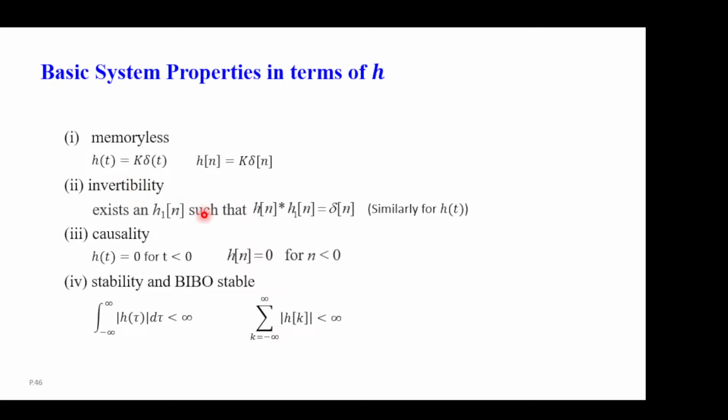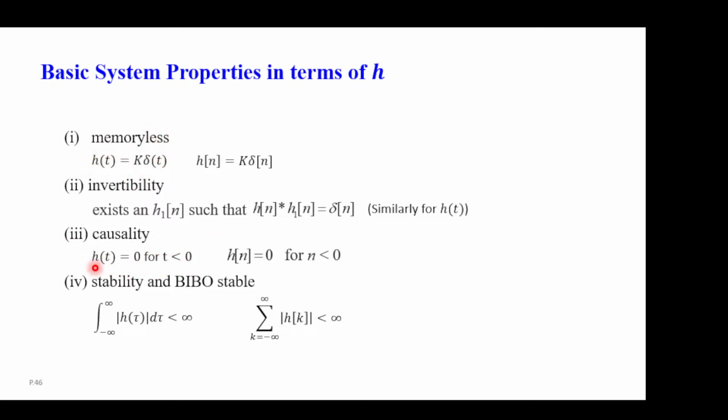And invertible means that you can find another h1 of t, which is basically the impulse response of the inverse system, and h convolved with h1 should become the identity system's impulse response, which is delta of n. And for causal, once again, this is a weaker restriction than memoryless.